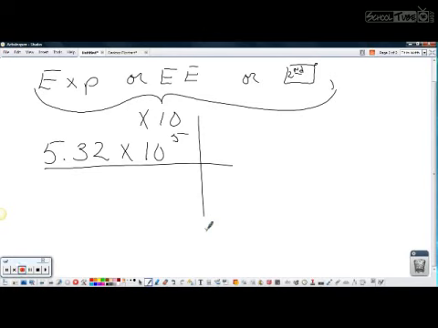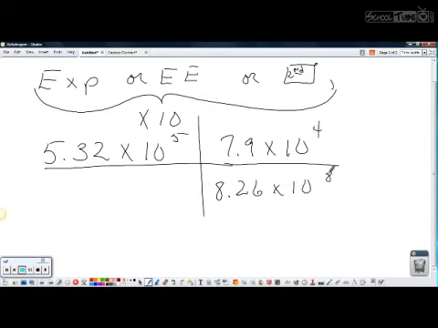So rather than me write times up here again, and you get confused with all the x's, I put this down like this. All right, times 7.9 times 10 to the 4th divided by 8.26 times 10 to the 8. I don't want 8. Let me change that to 15.